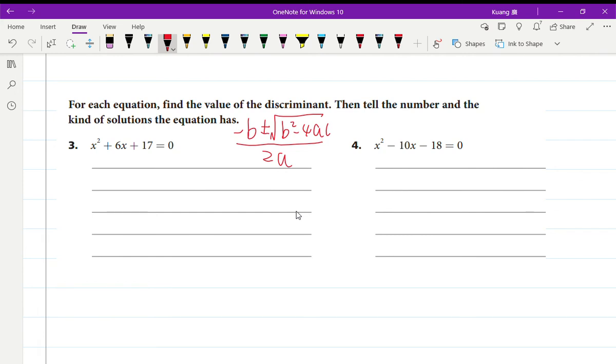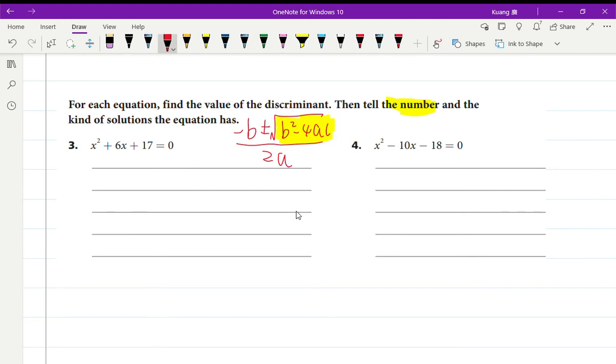So the discriminant means this part. It didn't ask you to solve the equation. The question is to tell the number and what kind of solutions the equation has, how many solutions the equation has. So depending on the discriminant, it's this part.